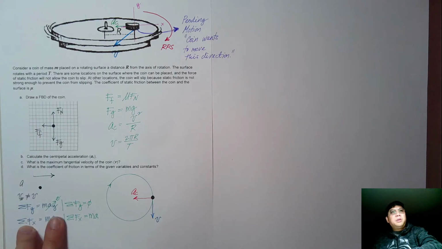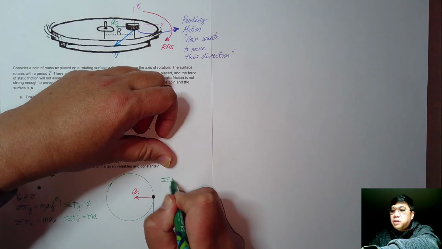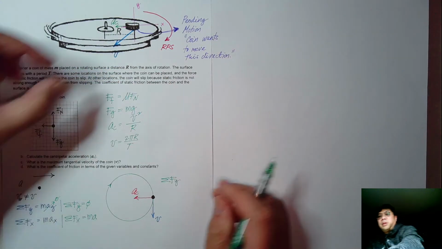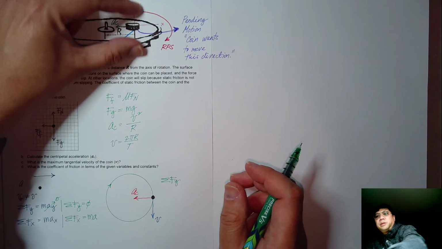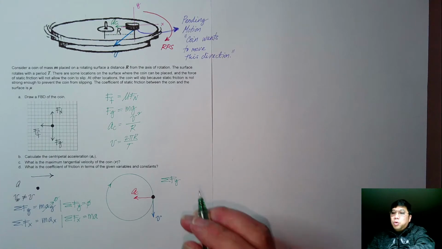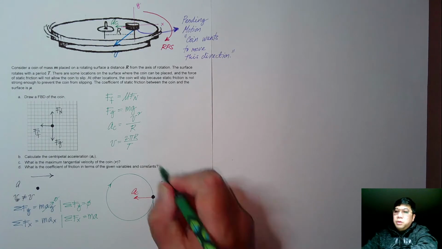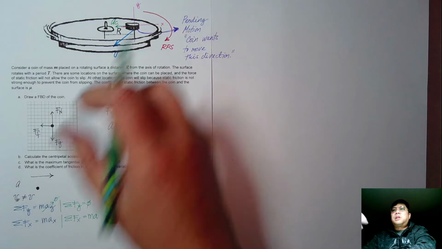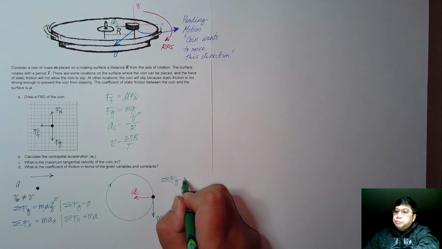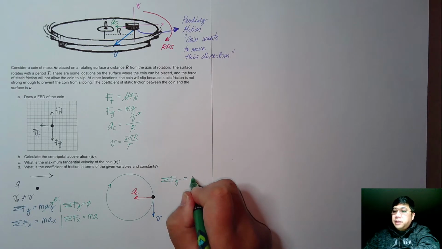We can simply use the same equation for y, which is the summation of forces along the y-axis. But for this problem only, there is no acceleration or change in state of motion along the y-axis. So therefore, we can say that that is 0.